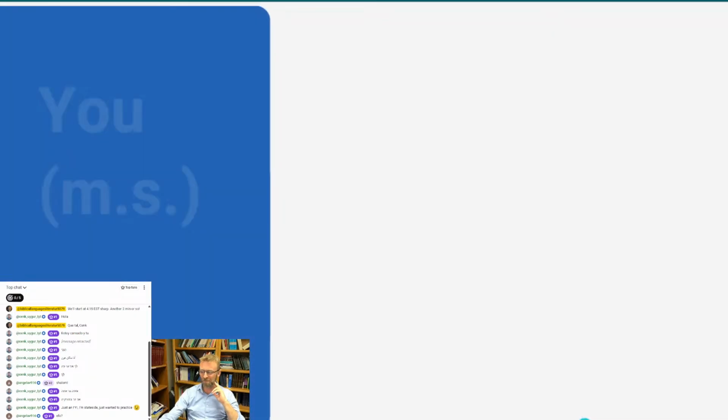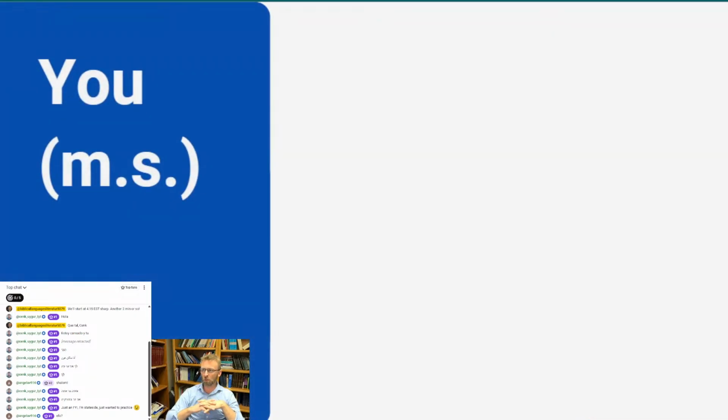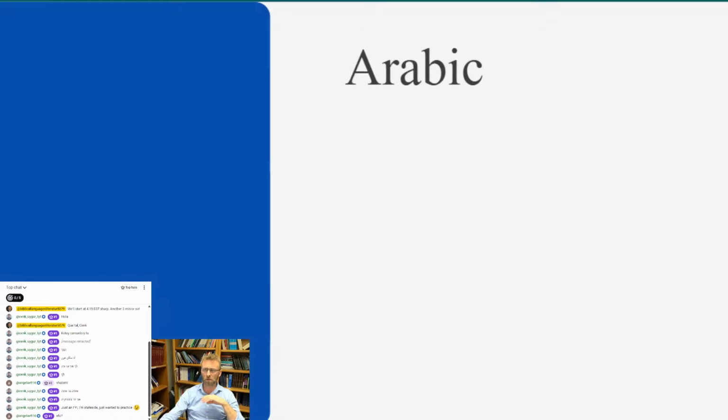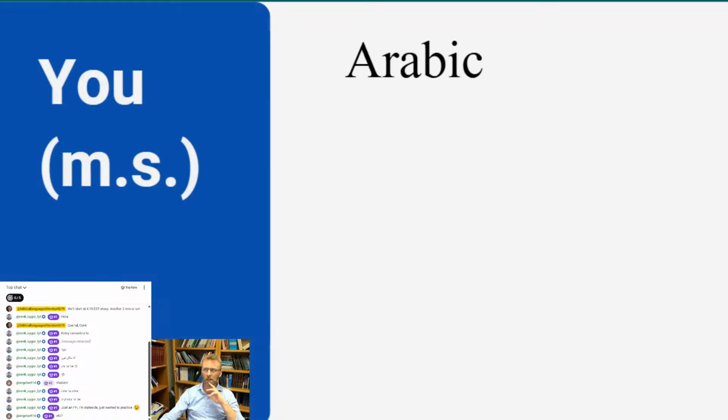All right, so here we go. So now we learned how to say where, efo in Hebrew, wain in Arabic, and then you in the masculine singular form in Arabic is going to be inta. Sometimes this will be spelled with an A at the end, other times with an E, but whether you hear inta or inte, it means you in the masculine singular.